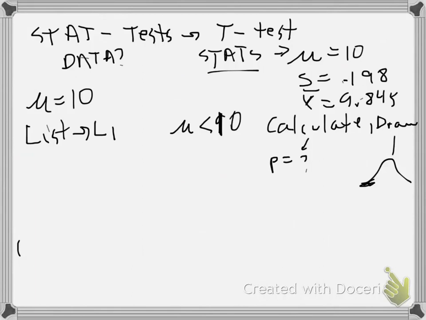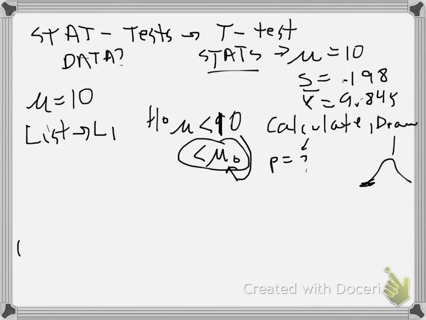So in our case, we're going to say less than mu 0. Well, mu 0, remember, was the 10. So that's what you're going to choose because we're doing one tail. Mu 0 is the null hypothesis value, so we're going to choose that one in both cases.